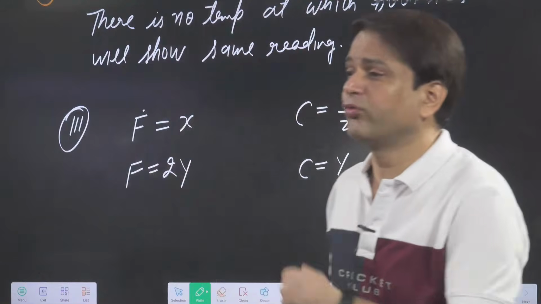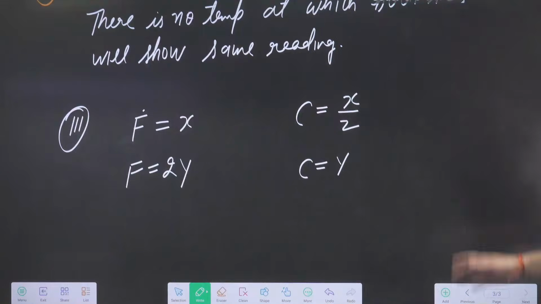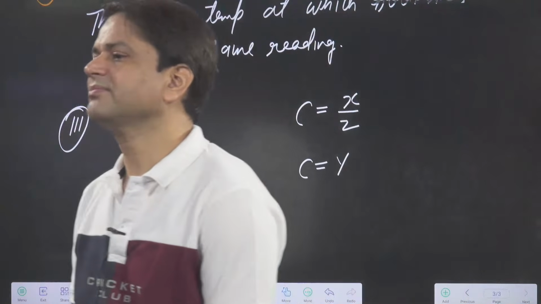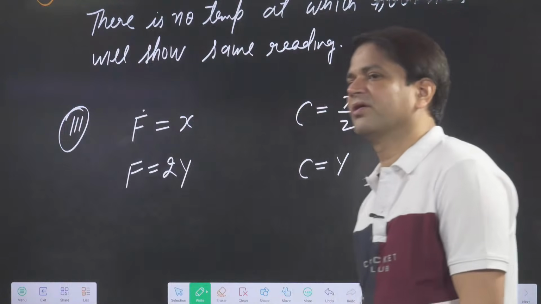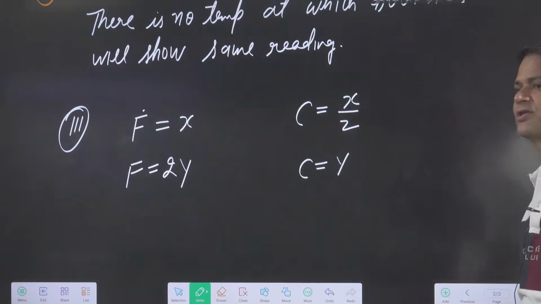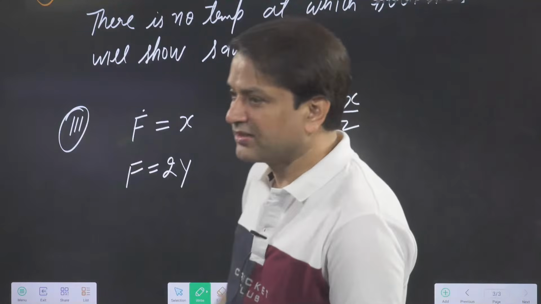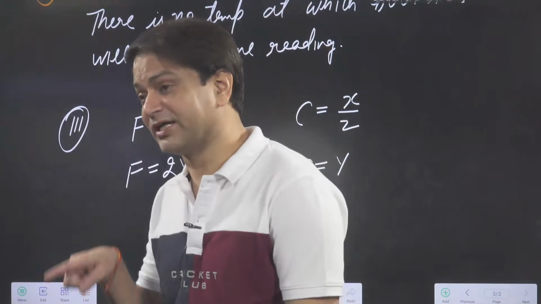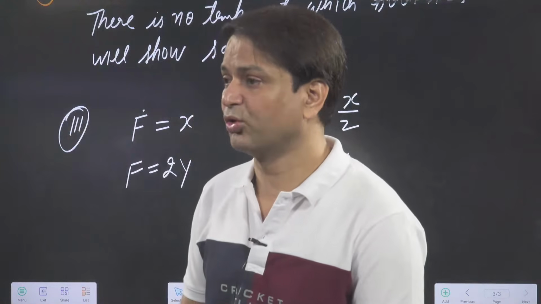Who will say what you will take? What will we prefer, first one or second one? Second one. That's why I'm discussing this, because it is not for this problem only, it is for the whole of physics.